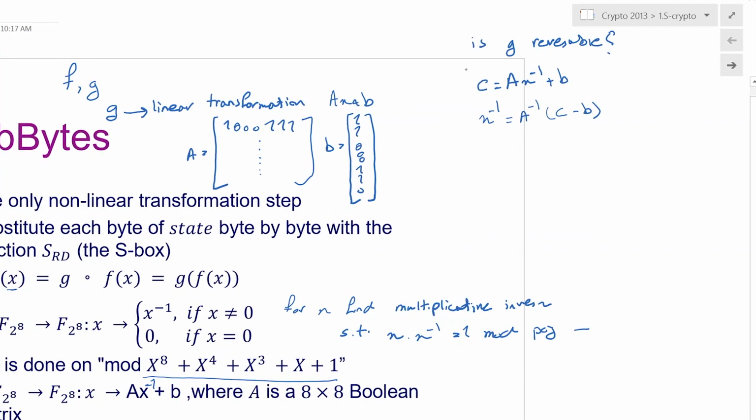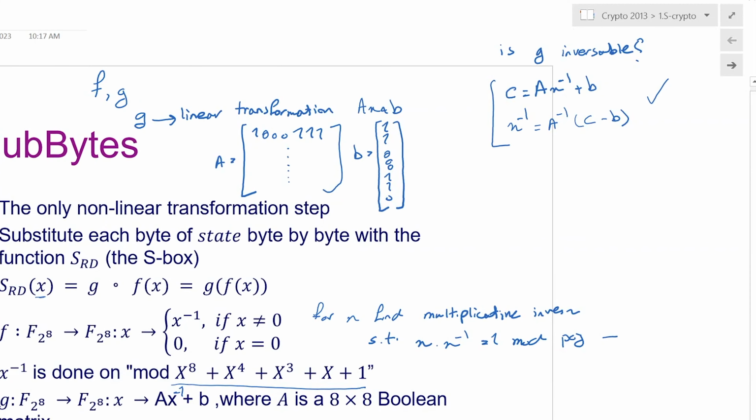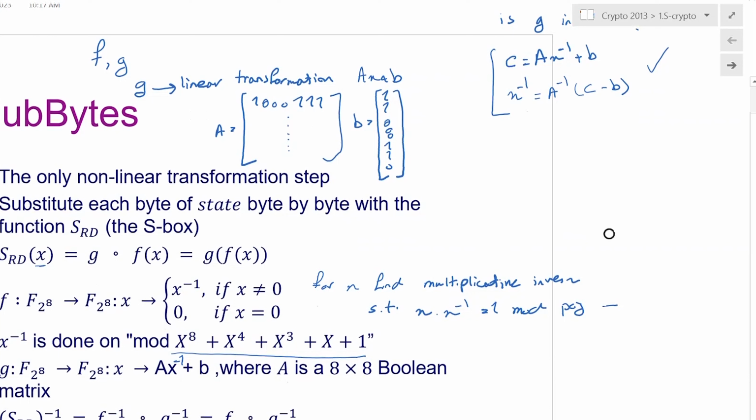So this means that yes, is G invertible? Yes, G is invertible. And then I know that I can compute the inverse of F. So is F invertible?